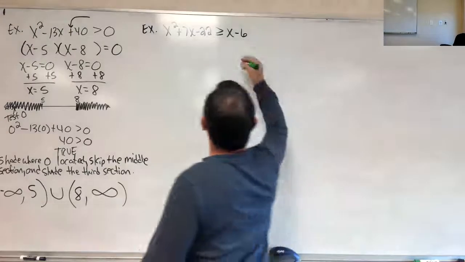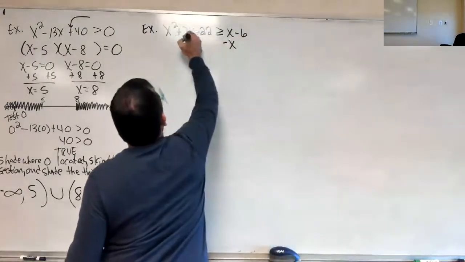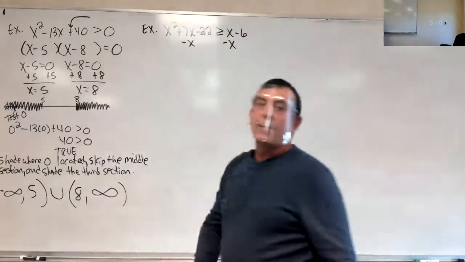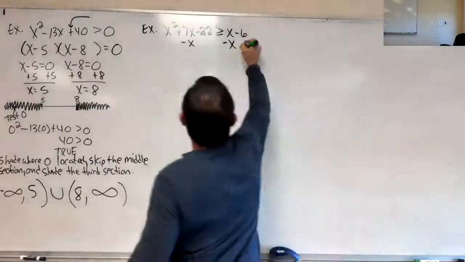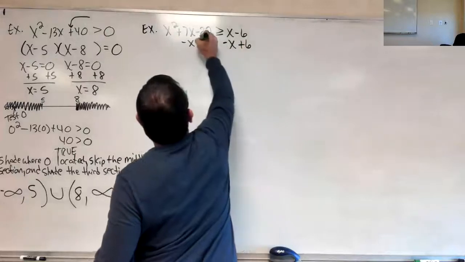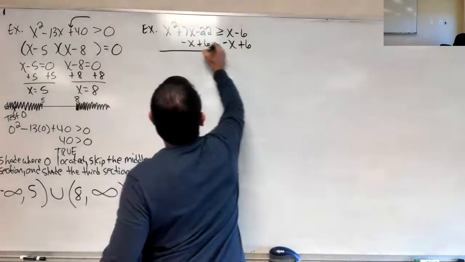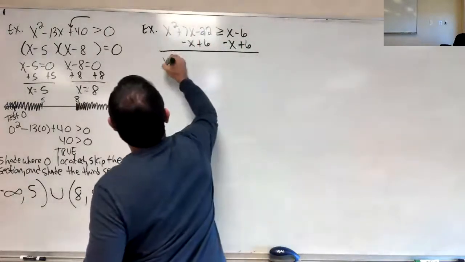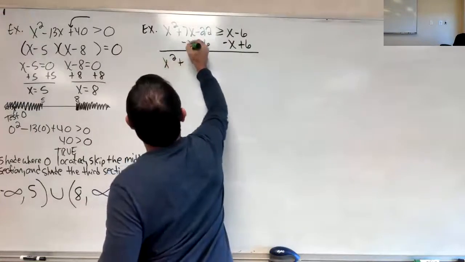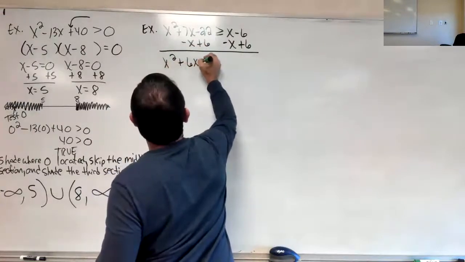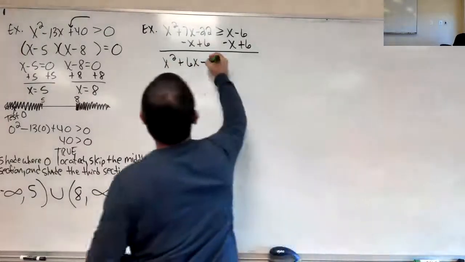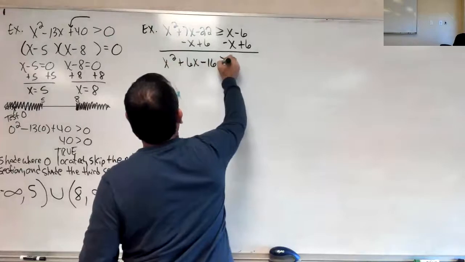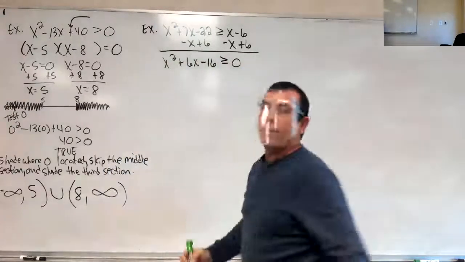So I know I'm going to subtract the x from both sides. But then I'm also going to add a 6 to both sides, right? So notice we get an x squared plus 7 minus 1 is 6x minus, what's 22 minus 6? 16. All that's greater than or equal to 0.